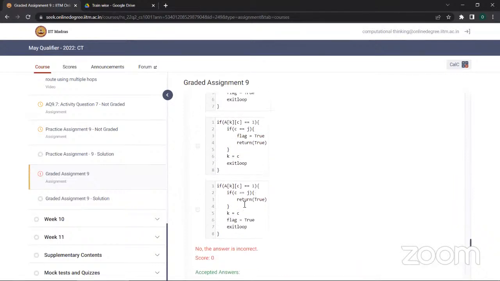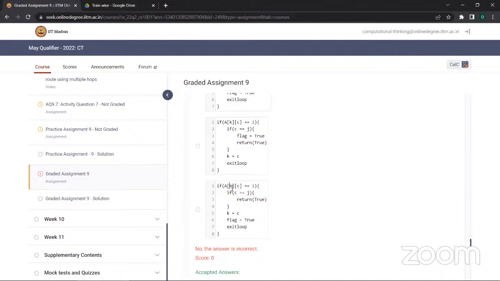Now when we look at this code, we are checking KC is equal to 1. That means, when A of KC equals 1, when will this be true? When K is an ancestor of C. When there is a direct edge between K and C. Now we know what is K. K is nothing but I only.